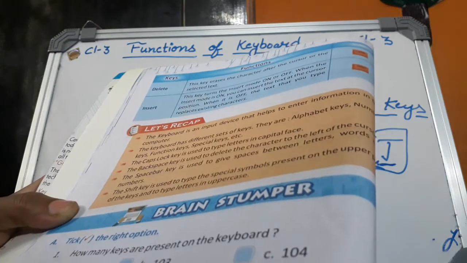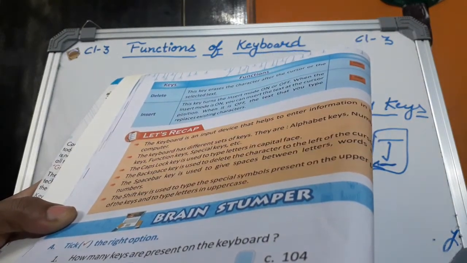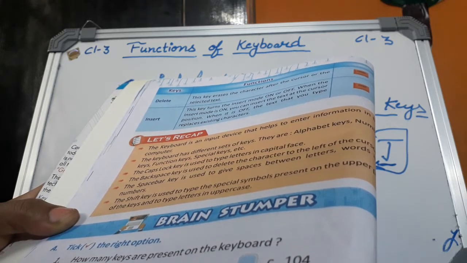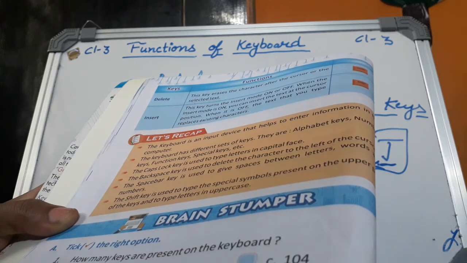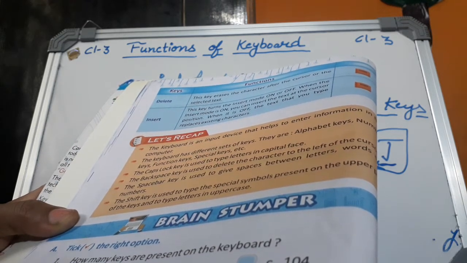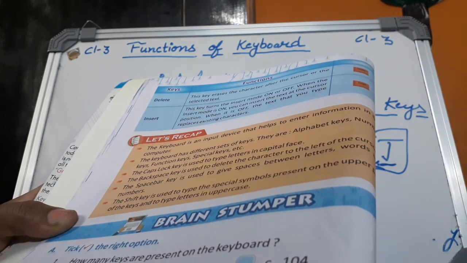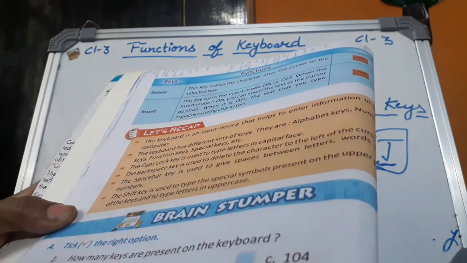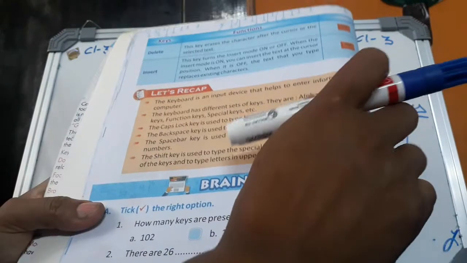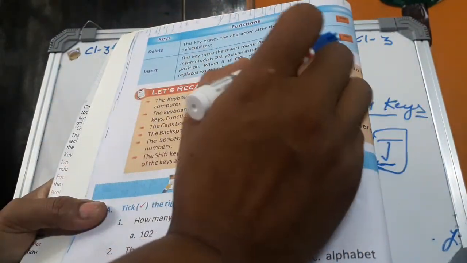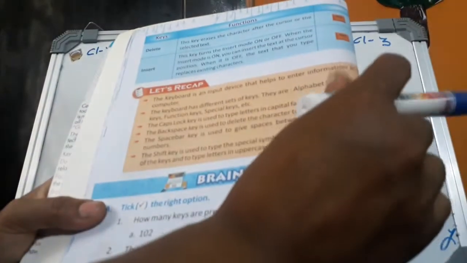Insert key. This key turns the insert mode on or off. When the insert mode is on, you can insert text at the cursor position. When it is off, the text that you type replaces existing characters. If we type any word on our monitor, with the help of the insert key we insert the text.